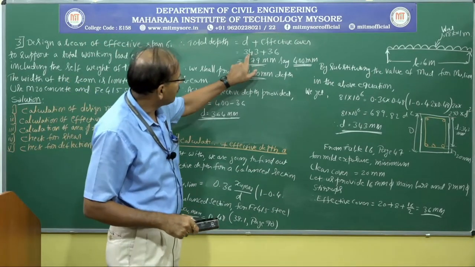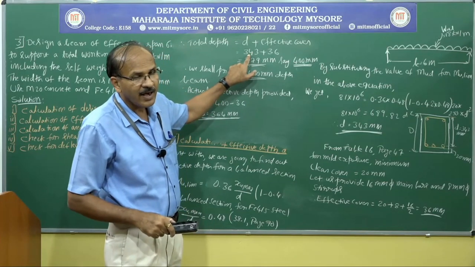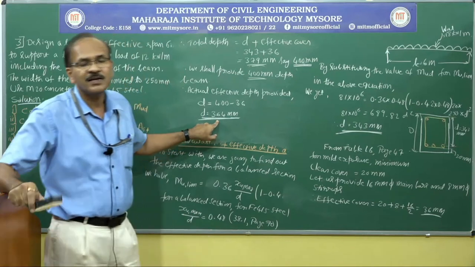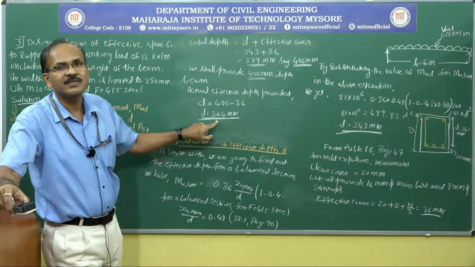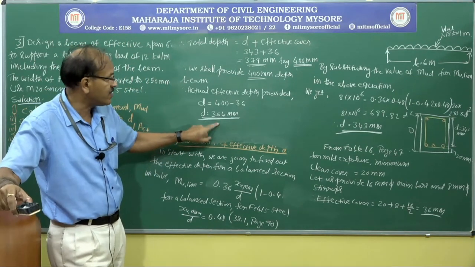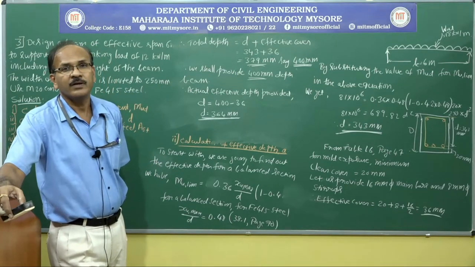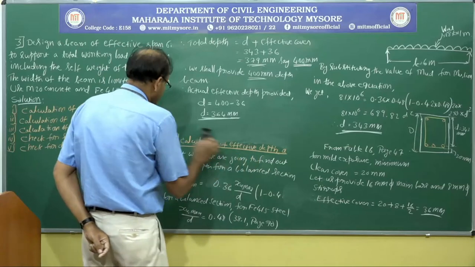Required is 343, okay, for a balanced section, but we are providing actual effective depth of 364 millimeter, which is greater than 343. So, that is okay. So, we will go with the next step.